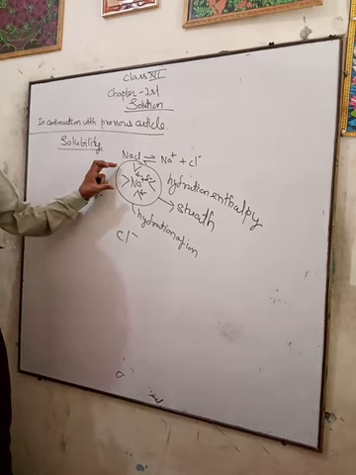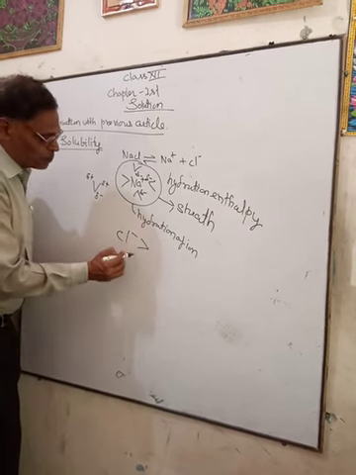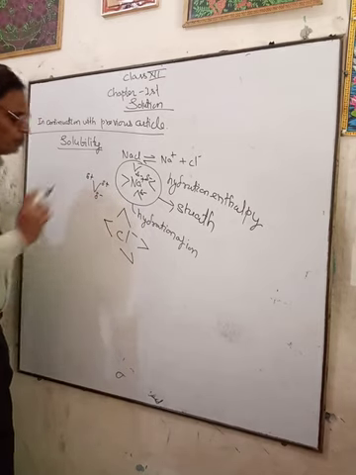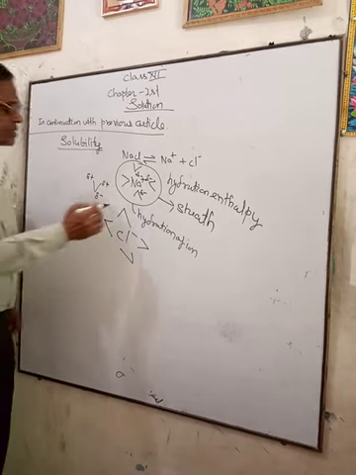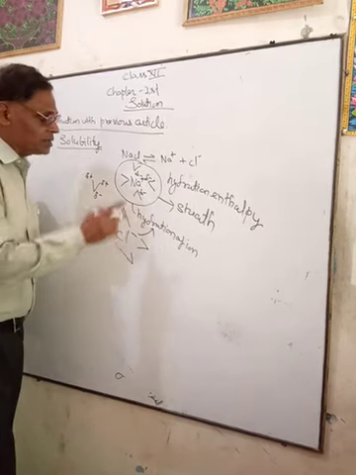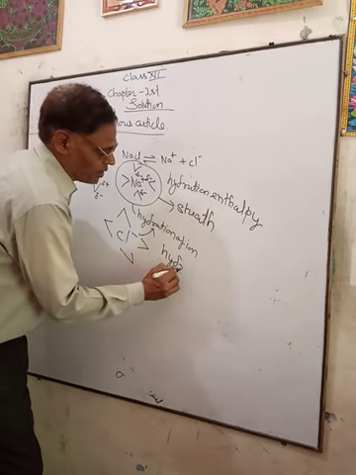Then the sheath will be developed in another way. As it is negative, it will put forward the positive part of the dipole water molecule. And this process is again called hydration of ion, and the energy released in the process is called hydration enthalpy.